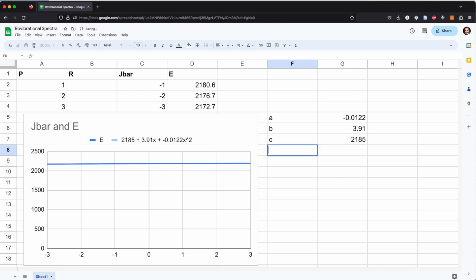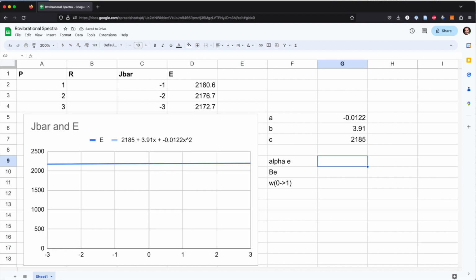Great, so now we can use these and we can use them to figure out what alpha E would be, and then what BE would be, and then what omega E would be, or omega 0 to 1 would be, right? So this is the 0 to 1 transition.